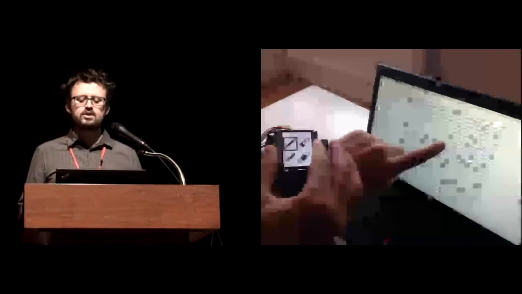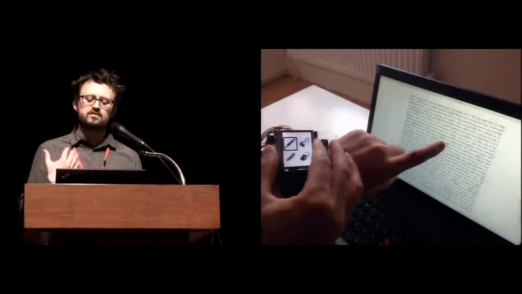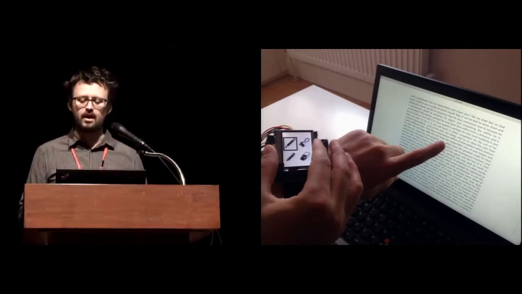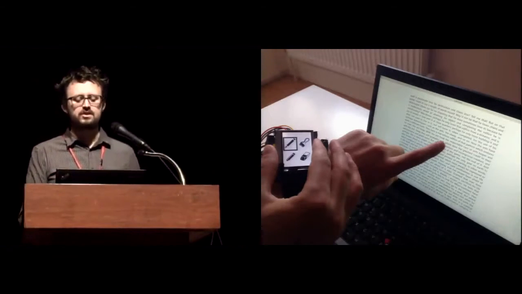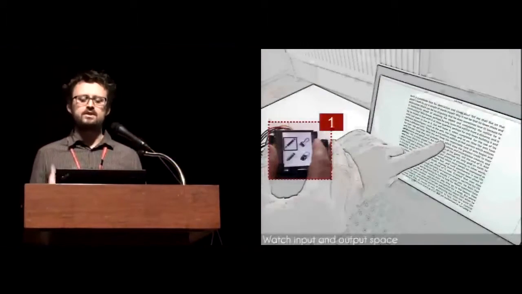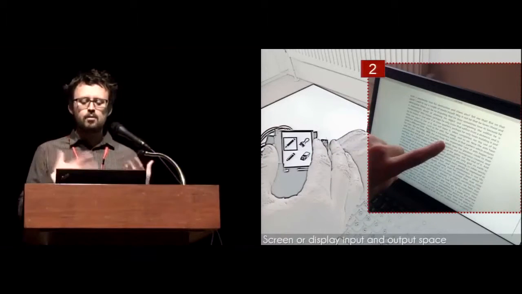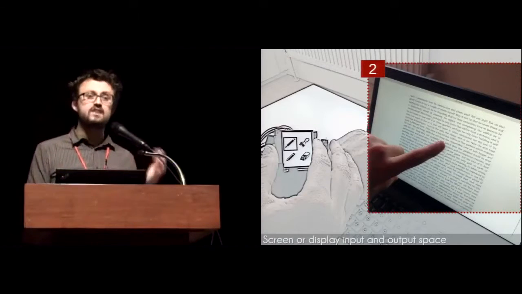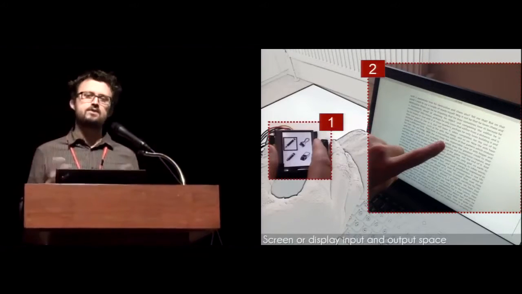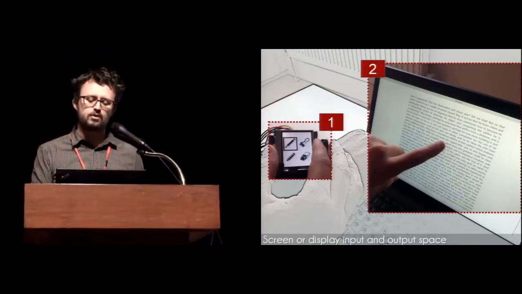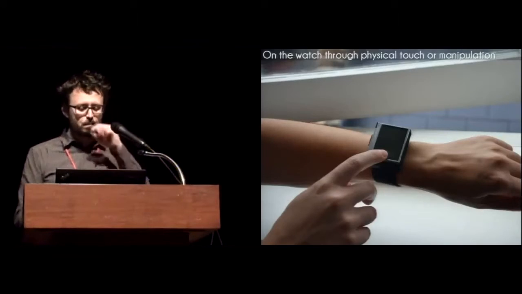The purpose of this toolkit is to provide designers with a fast event-driven platform for rapid prototyping of these kinds of watch-centric applications, like the one we can see here in the figure. And the toolkit abstracts both the input and output space of the watch and combines it with the input and output space of the second display to basically create a sort of volumetric space in which we can do a number of temporal cross-device interactions.